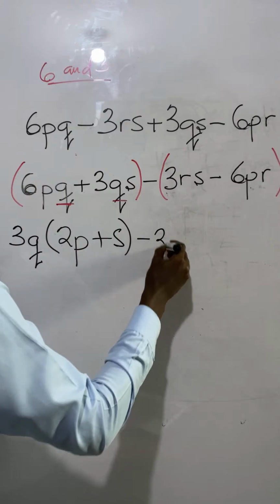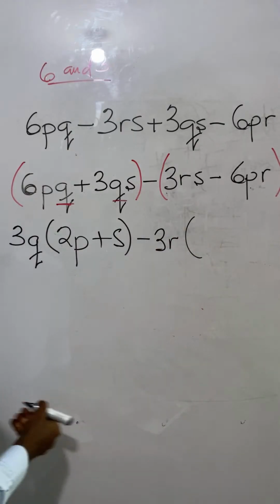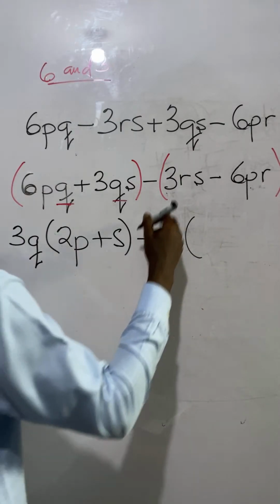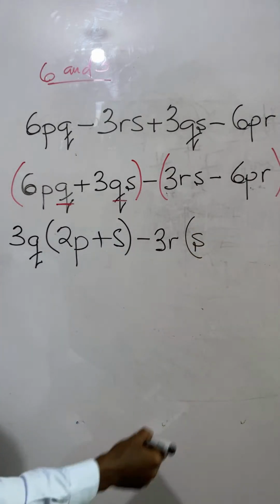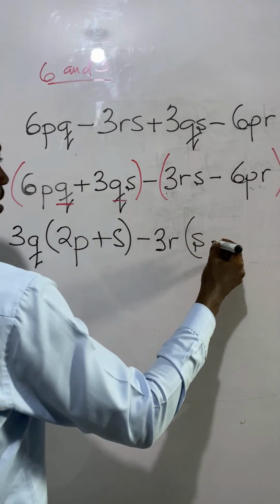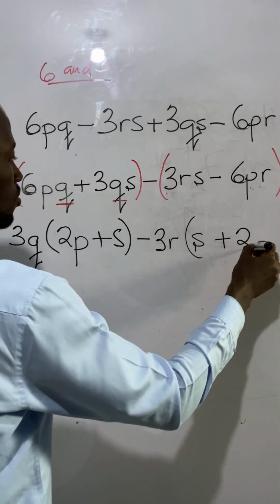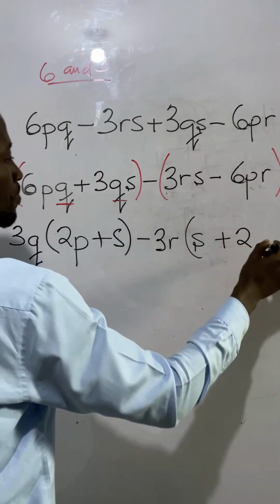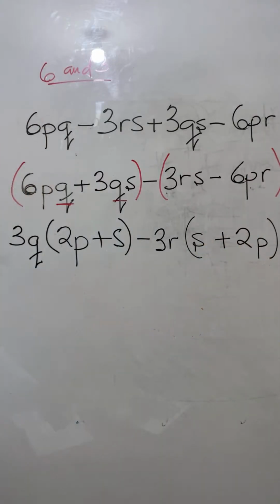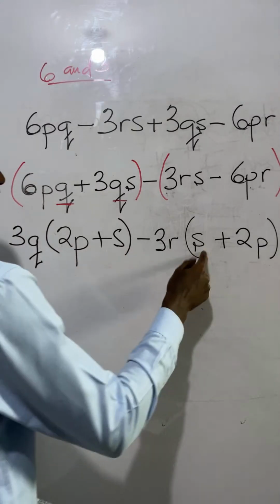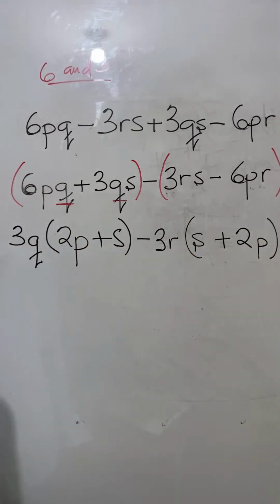So you have 3R as a common factor. When you pick 3R here, you have S left out here, and here becomes plus. And what are we left with? 2P. Good. Now look at something. We have S plus 2P, and S plus 2P is the same as 2P plus S. You know that? Yeah.